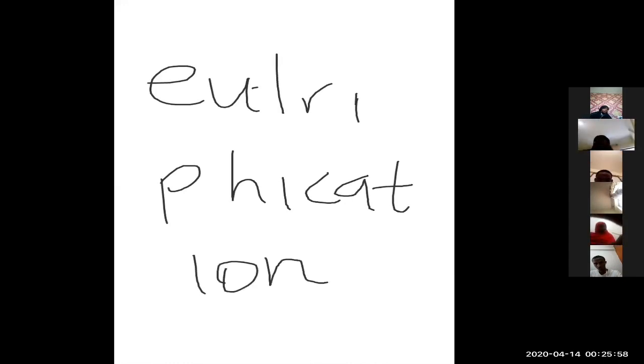Eutrophication. So eutrophication is the enrichment of our waters with nutrients, which results in what we call algal bloom.